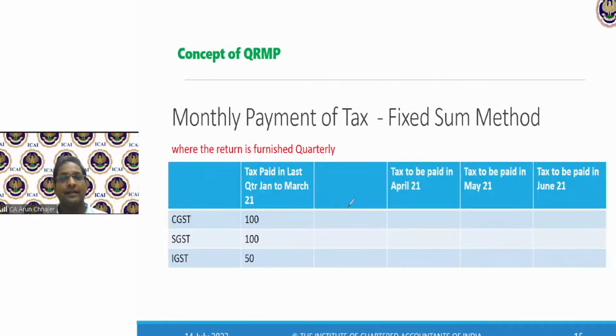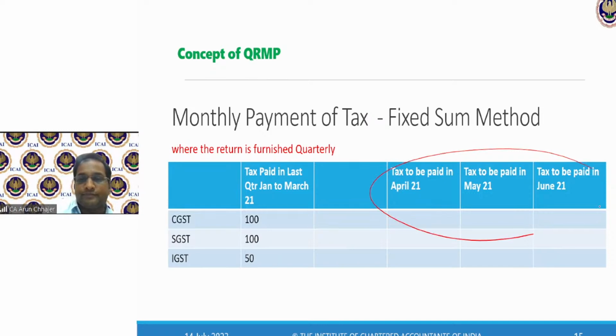Now, let's say I am under QRMP and I like to pay for month 1, month 2, etc. The quarter which I am talking about is April, May and June. ठीक है. This is the quarter for which I like to deposit the tax, April, May and June. आप मुझे पार्ट पार्ट में आंसर करते रहना.